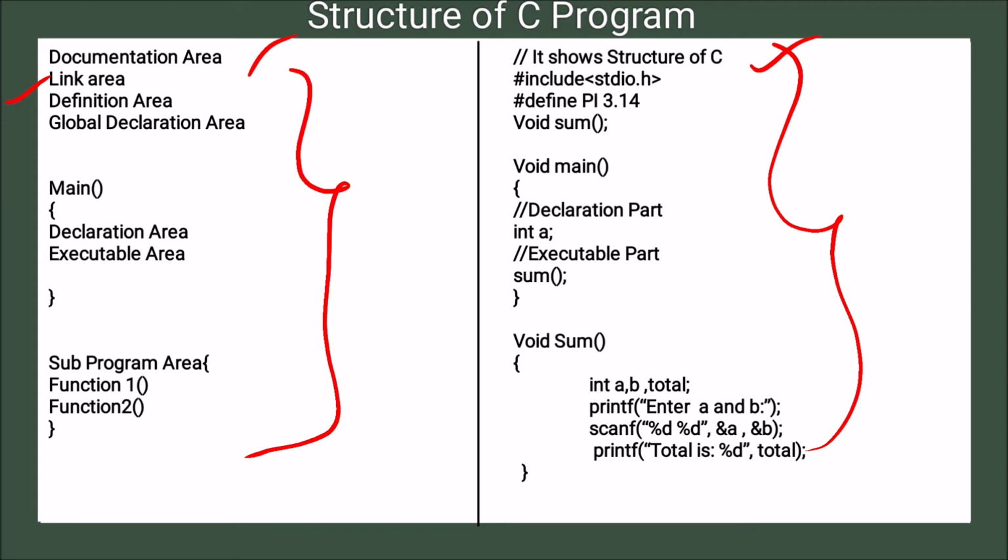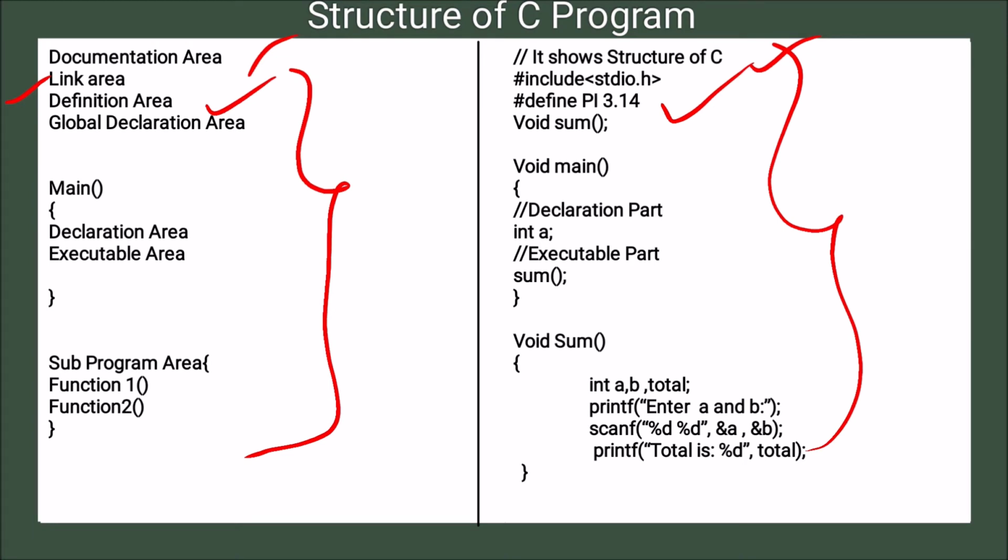So this is also a definition area for particular global variables. The value of PI will never change during the execution of the program, so we define it in this definition area.